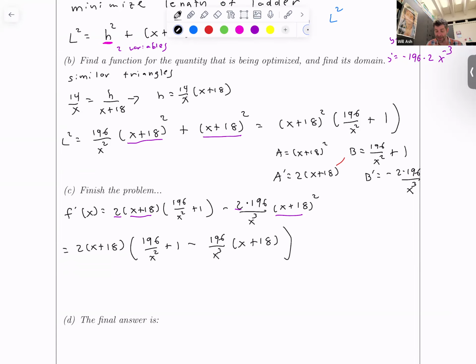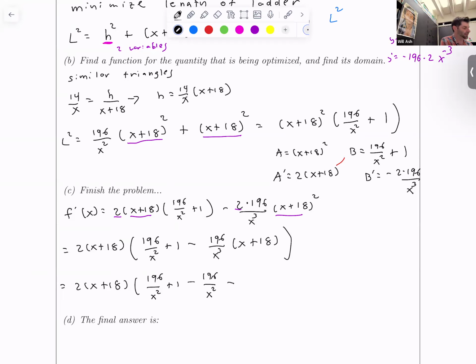I'll distribute through that 196 over x squared, and they're going to go away, right? So that's going to be minus 196 over x squared minus 196 times 18.